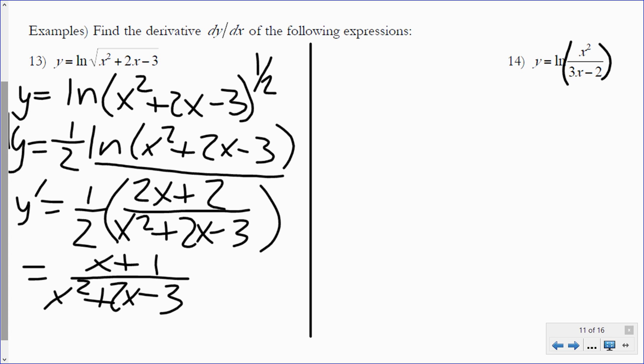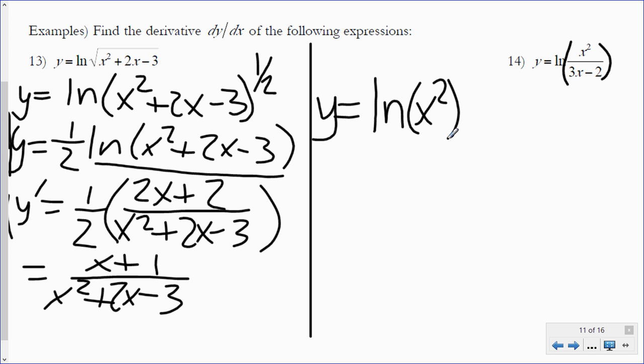That's going to get kind of complicated. Instead, we can use our properties of logarithms, and we can expand this quotient. So we could rewrite this logarithm as natural log of x squared minus natural log of 3x minus 2.